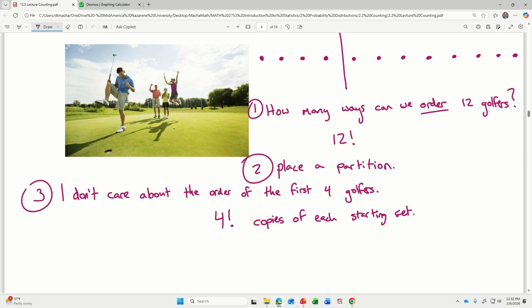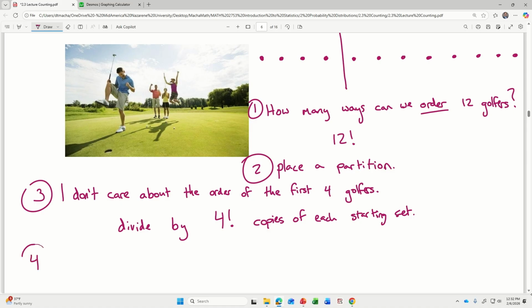Where everything else about the permutation is exactly the same, except the first 4 golfers appear in a different order. Well, I don't care what order they appear in. And so we need to divide by 4 factorial in order to eliminate those redundant copies that are essentially the same for our purposes.